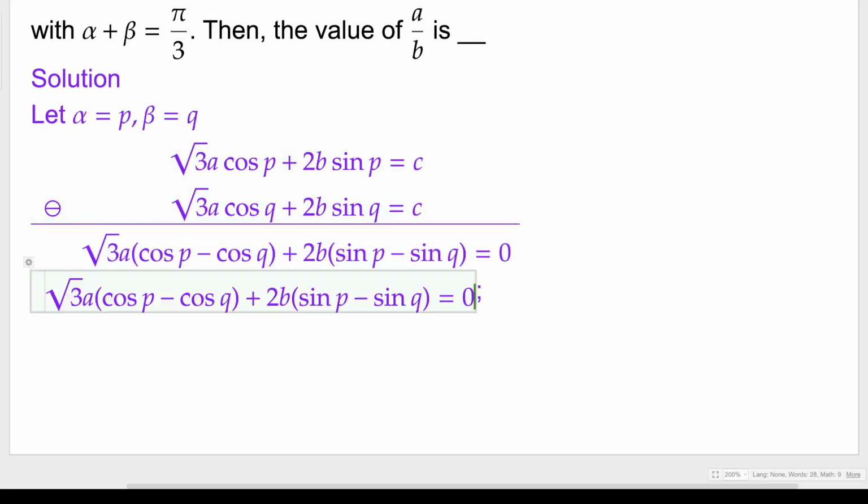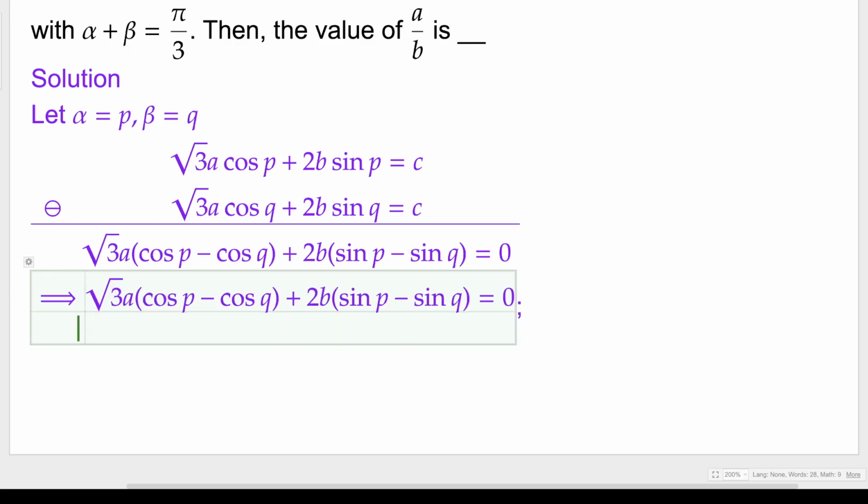Now let us proceed with this. I will apply the identities for cos a minus cos b and sine a minus sine b. Copy this as it is first, and then apply the identity.